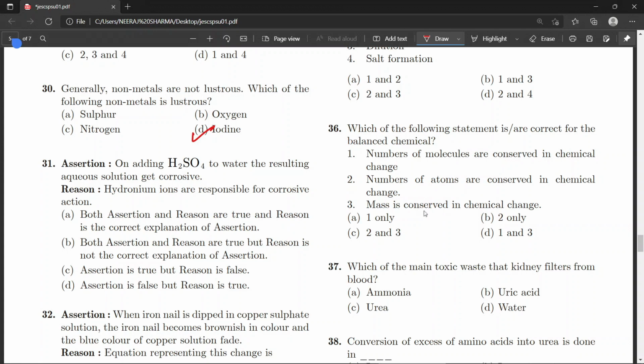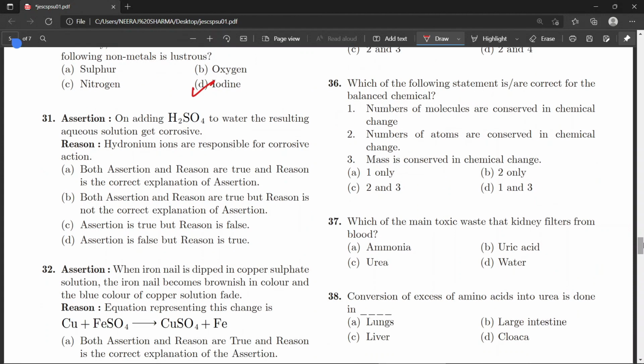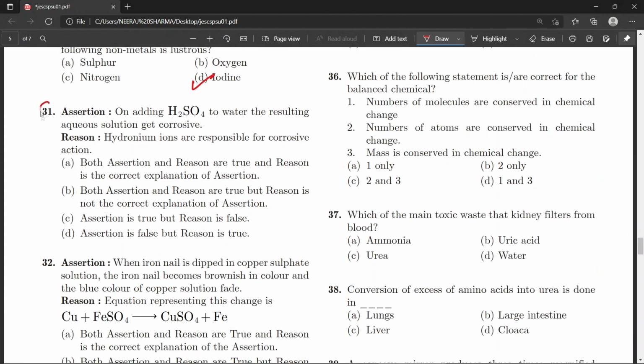Now coming to assertion and reasoning question. Question number 31 is the first assertion and reasoning question in this particular paper. Right? So the assertion says on adding sulfuric acid to water, the resulting aqueous solution gets corrosive. Reason, hydronium ions are responsible for the corrosive nature. So you have to first see whether the statements themselves are correct or not.